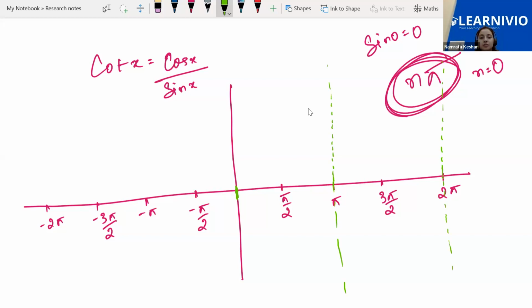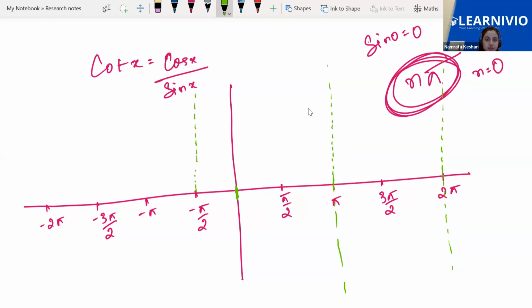Okay, just a second. It is also not defined at minus pi.